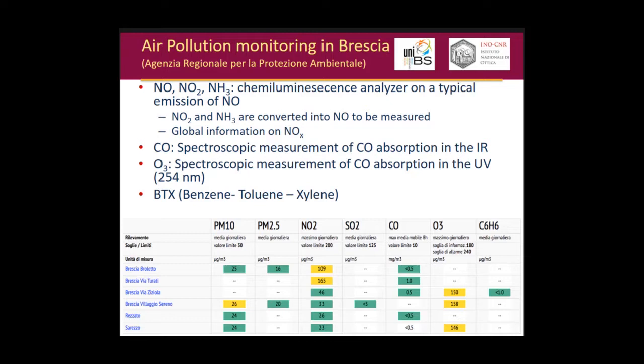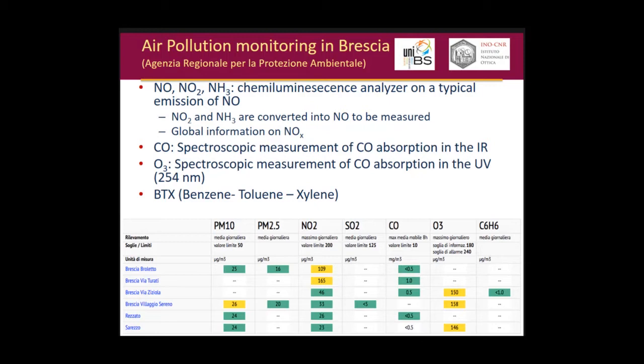Air pollution is a huge problem all over the world. Here I reported the detection of atmosphere in my city, and many parameters are over the accepted levels. There are types of analyzers which are commonly used, but of course many of them are very expensive and bulky, so the development of miniaturized, portable, low-cost gas sensors is very important.